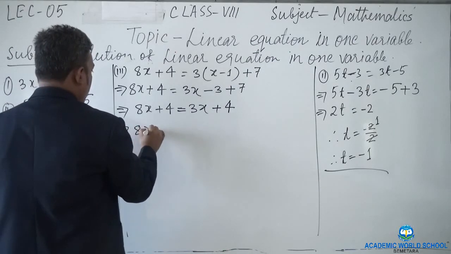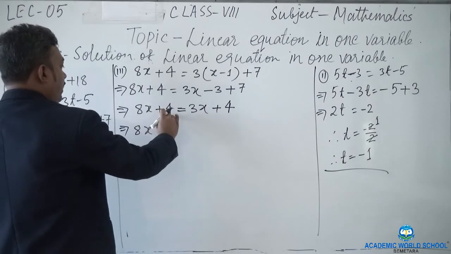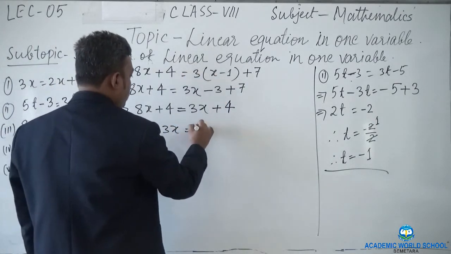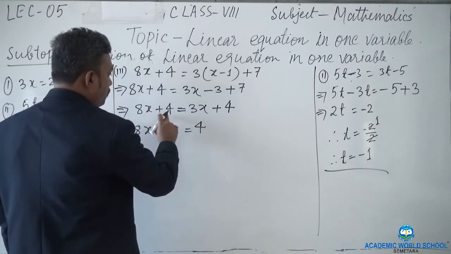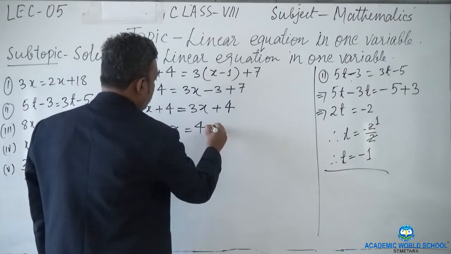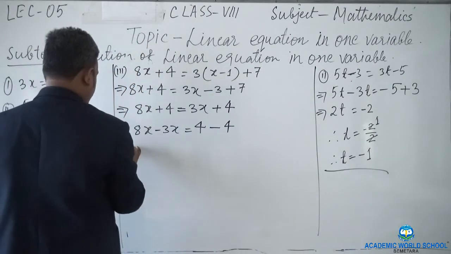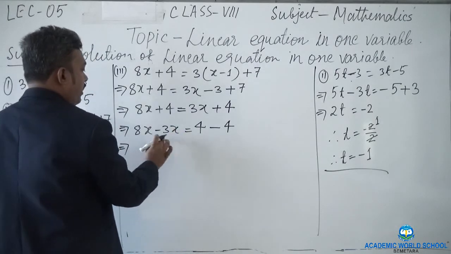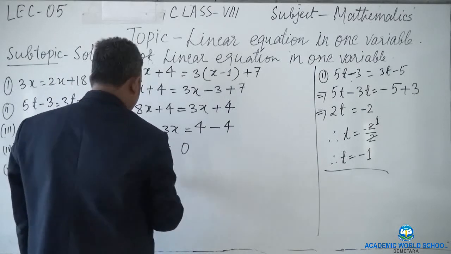So now 8x, we will move the 3x to this side and this 4 to the right side. So minus 3x, this 4 we write as it is, and this 4 will come to the right side. This side is plus, so when it comes to the right side it will be minus. So 8x minus 3x will be 5x, and 4 minus 4 will be 0.